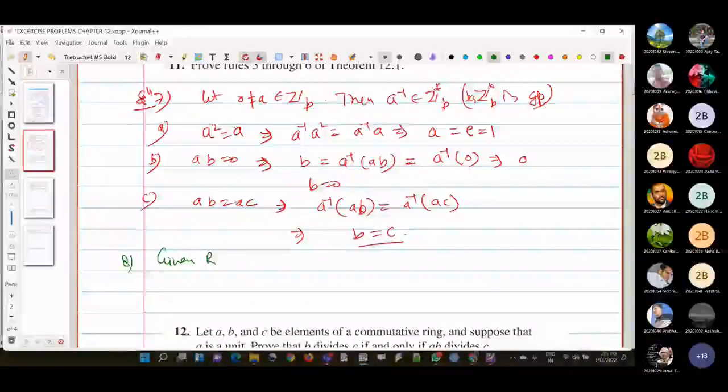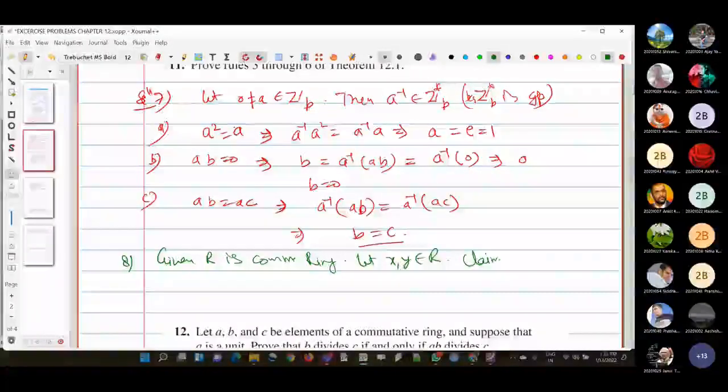Given that R is a commutative ring. Let X, Y be elements of R. Then we claim that XY equals YX.